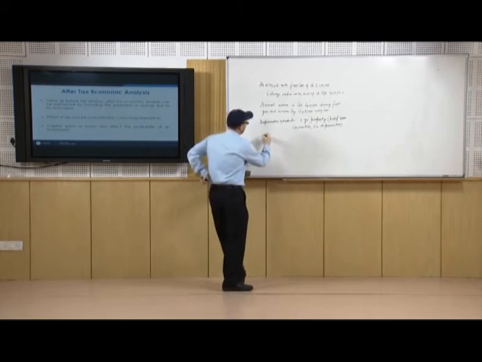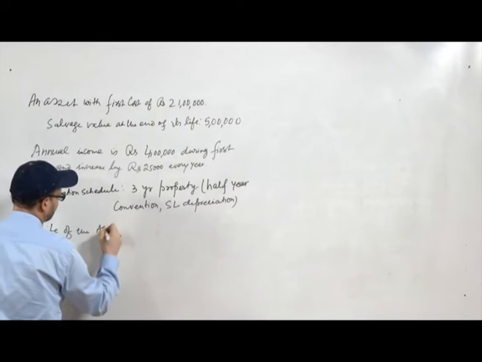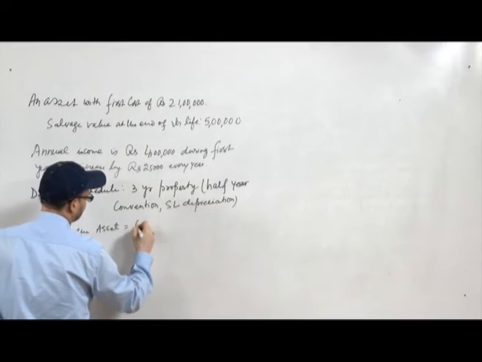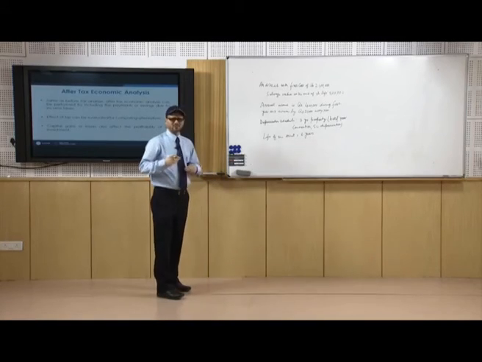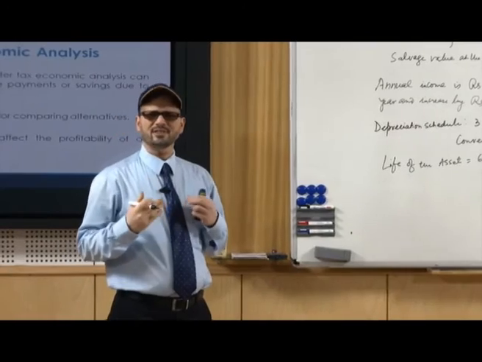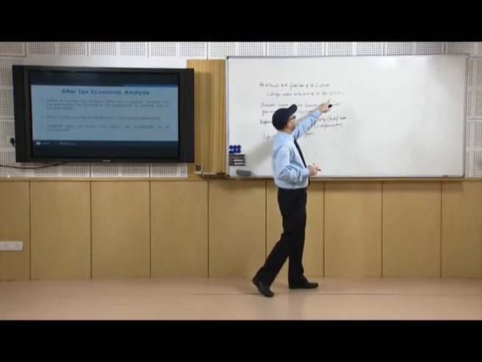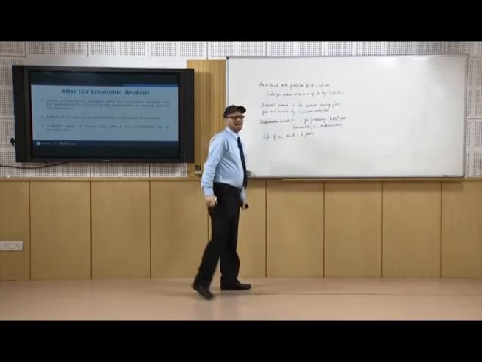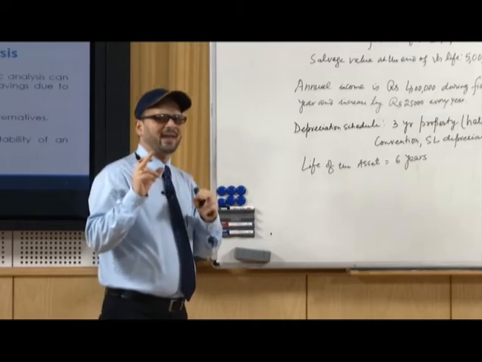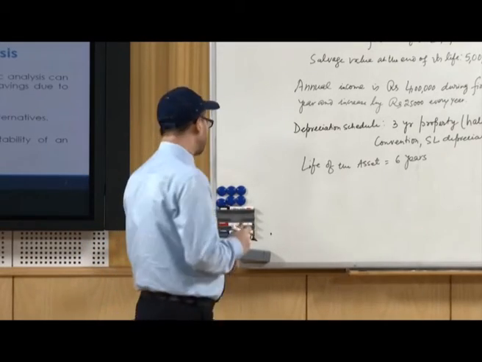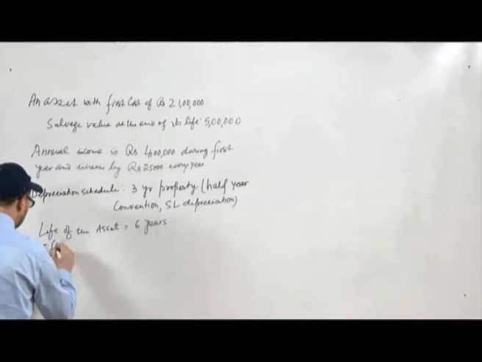The life of the asset is taken as 6 years. So at the end of 6 years you are getting an income of 5 lakh, and this is the capital gain, and you have to pay the tax on the capital gain. The effective tax rate is 30%.